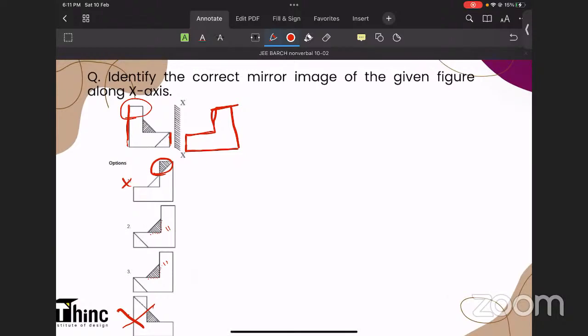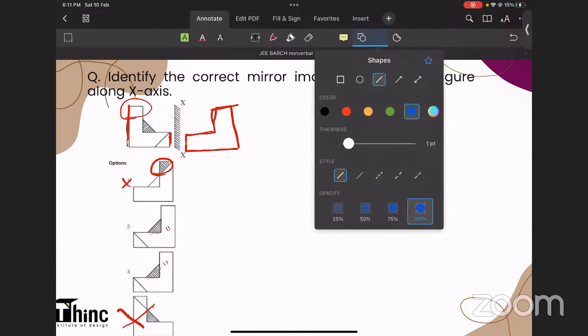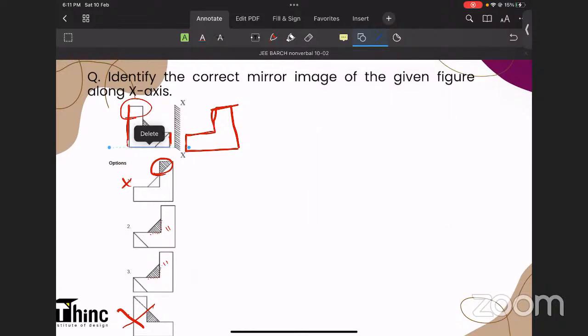So let's compare the sizes also. Sizes will not change. Even they are of exactly the same size.